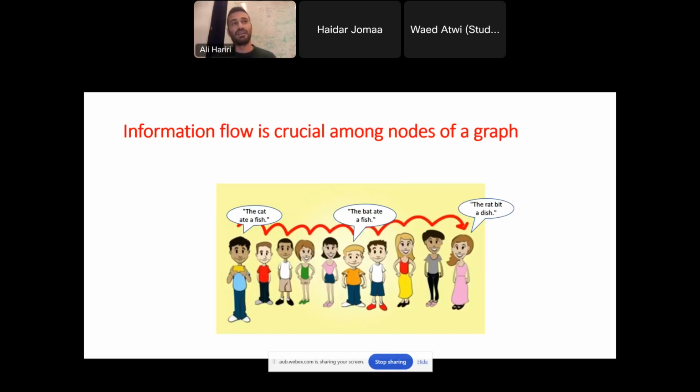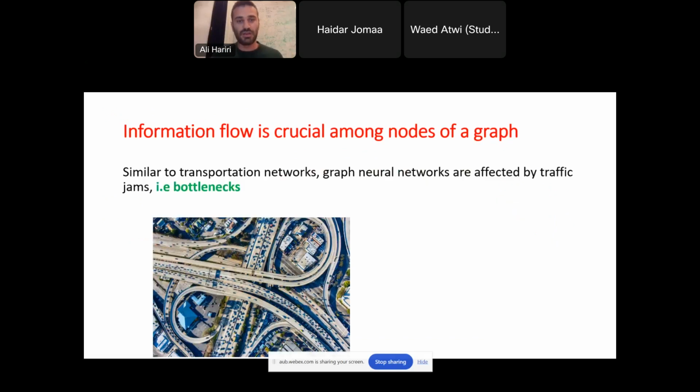And it's the same thing for graph neural networks. When I go from Beirut to Tripoli, I don't go in a straight line unless it's 4 a.m. There's always some traffic in between. And when information flows from A to B, there are also some limitations when it comes to GNNs. There are also some nodes in between that are highly densely connected.